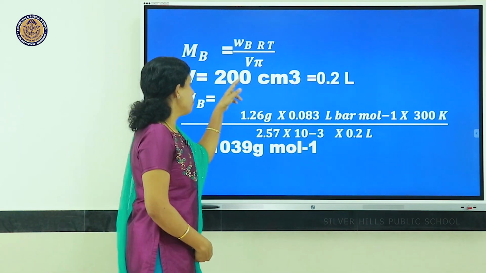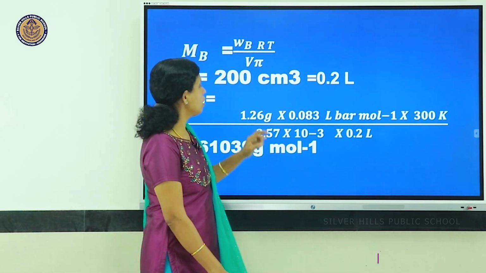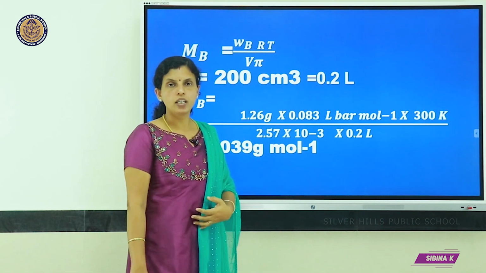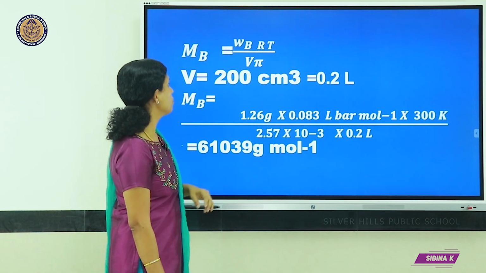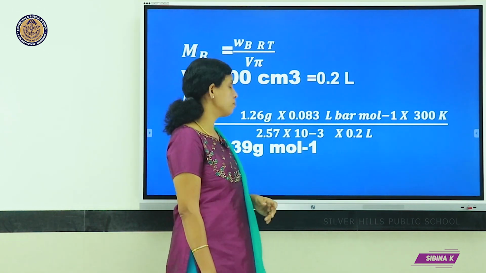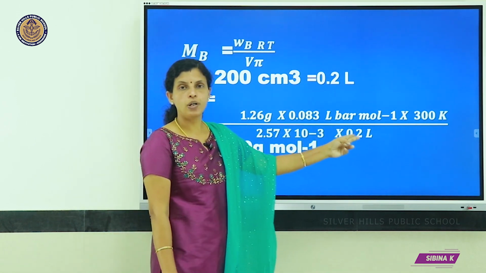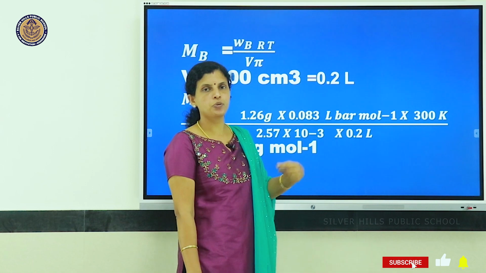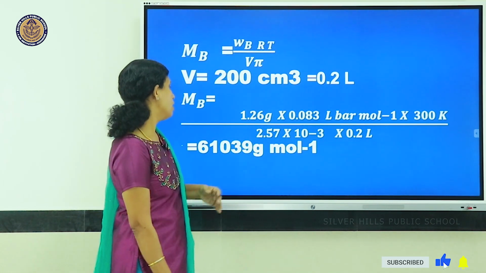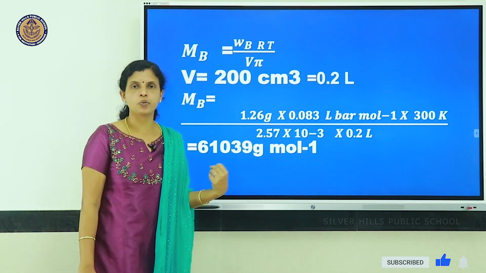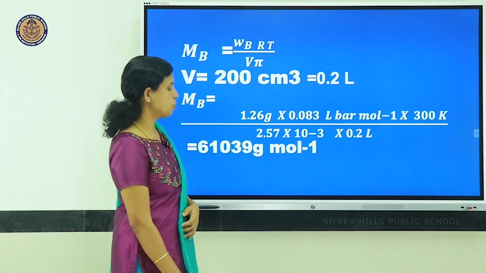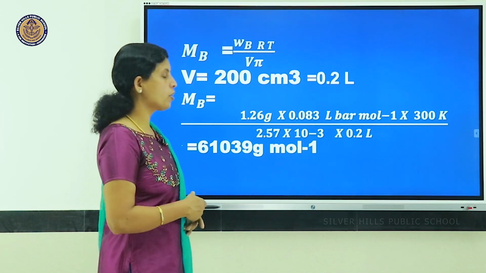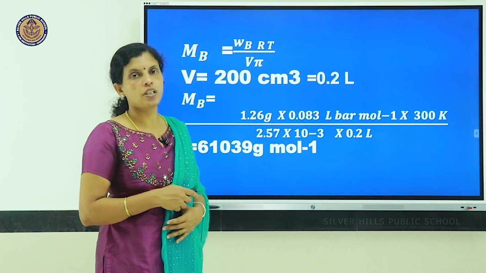WB 1.26, R 0.083 liter bar mole inverse Kelvin inverse, temperature 300 Kelvin, volume 0.2 liter, pi osmotic pressure 2.57 into 10 raised to minus 3 bar. After calculation, you will get MB equal to 61039 gram per mole.